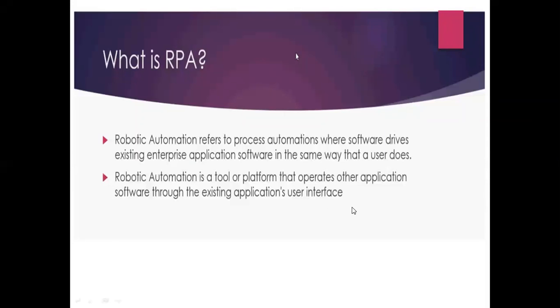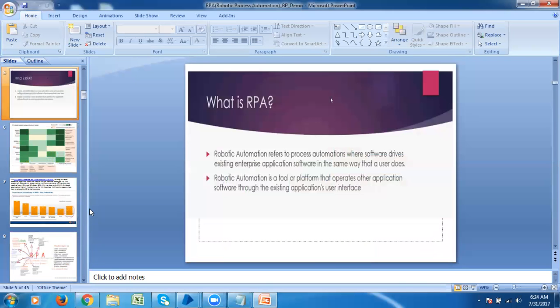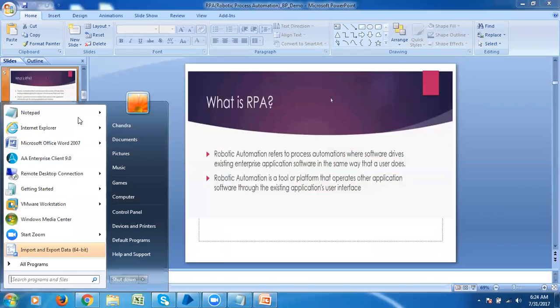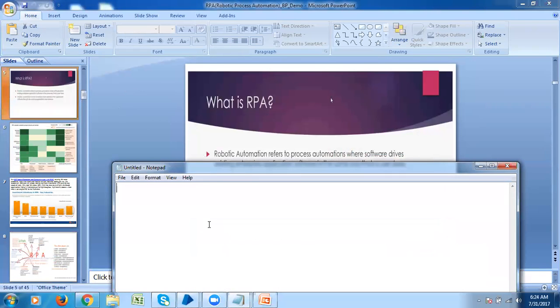Where exactly RPA projects will be started is very simple. Let me explain it. Let's say you have a client called Sony Electronics. The Sony Electronics company has already implemented some business application: a .NET application as a front end, and SQL Server as a back end.